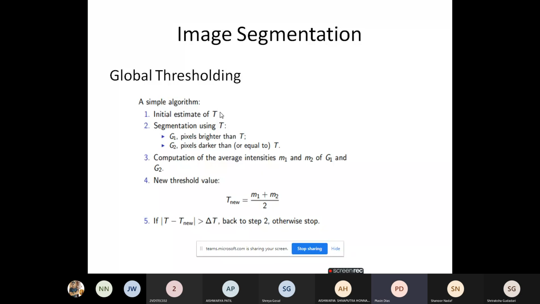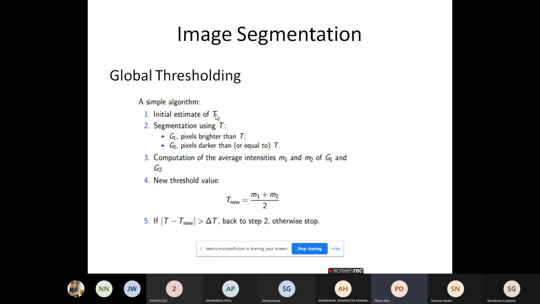But in most applications, there is enough variability between images that global thresholding is a suitable approach only if the algorithm can estimate the threshold value for each image.